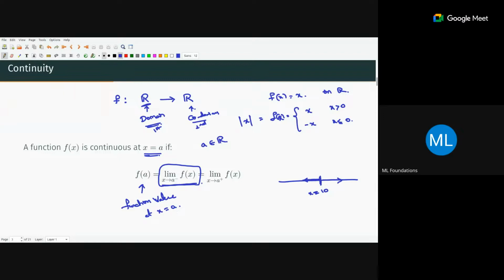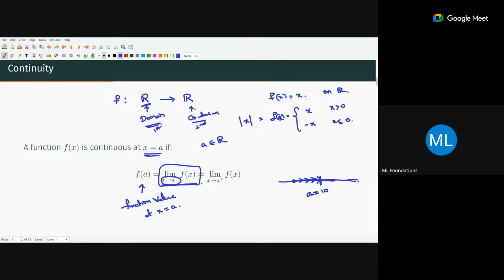Left side of a refers to this, right side of a is this. So when I say x is coming from the left side of a towards a, that means x starts from here and slowly starts coming towards this a.